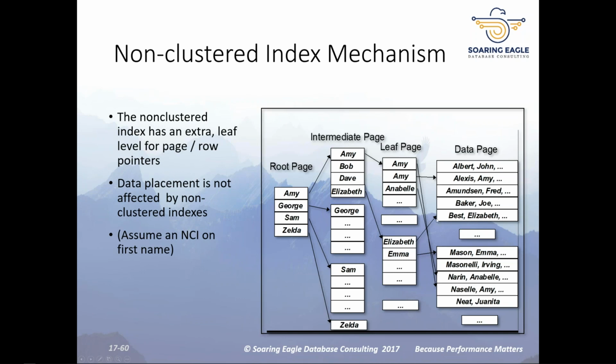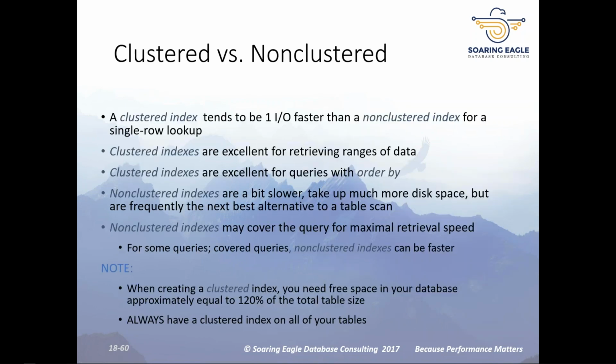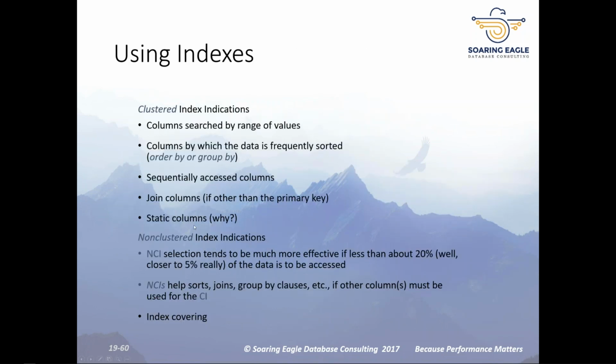Well, in the US, Elizabeth will frequently change her last name to Masonelli, at which point her row will move down here. What happens then to every single non-clustered entry that's pointing to Elizabeth? It's got to change. So when we talk about picking a static column for the clustered index, it's to avoid row movement causing excessive updates to the non-clustered index structures.